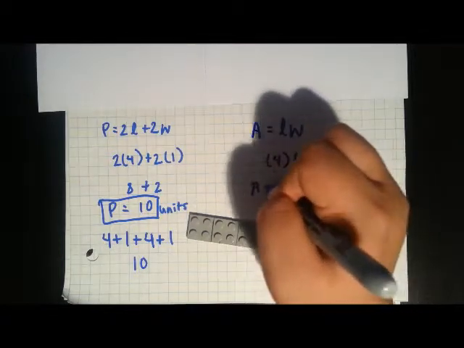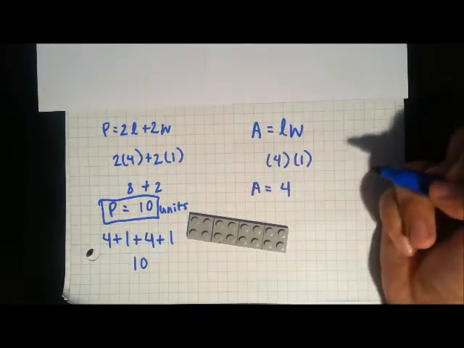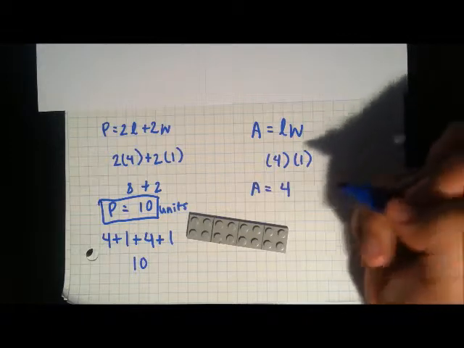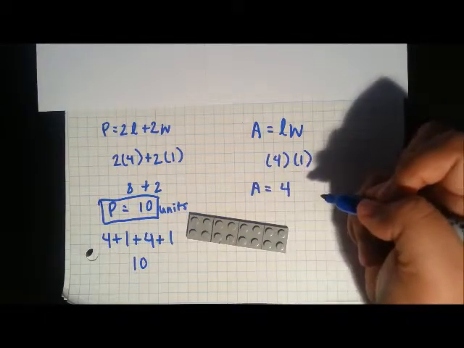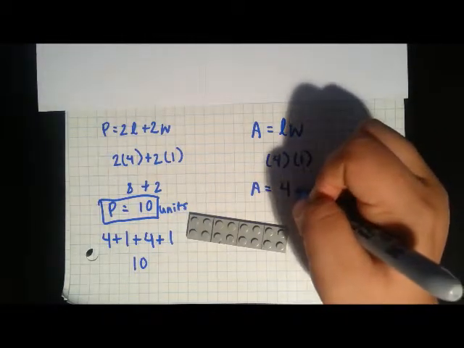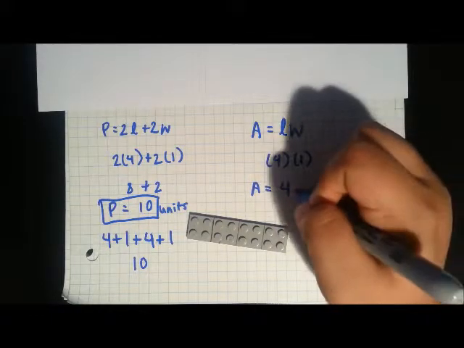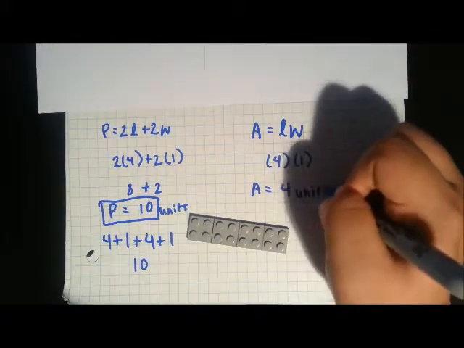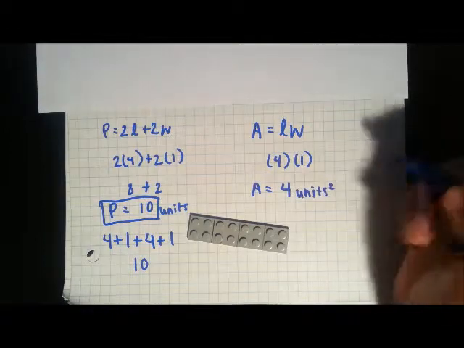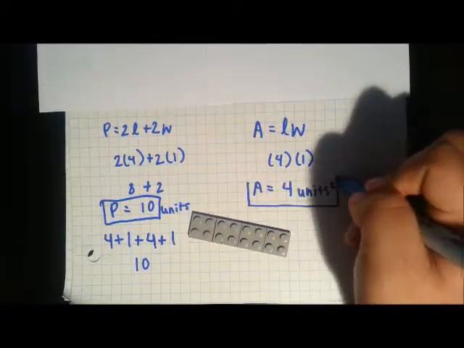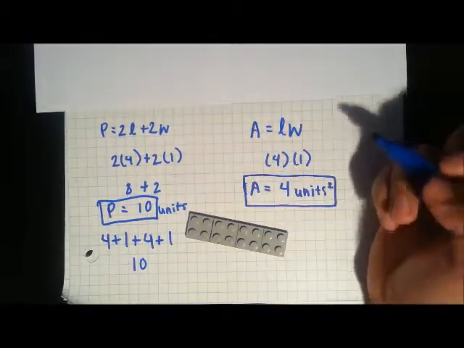So the area is equal to 4. And I forgot to say this earlier, but area is always calculated in units squared. So it would be 4 units squared. And that is your answer for area.